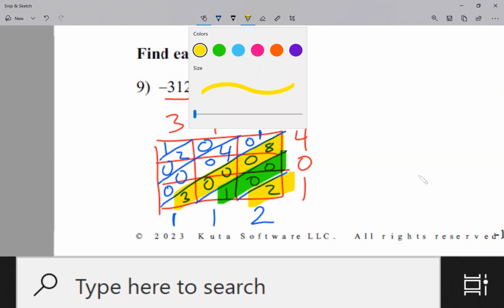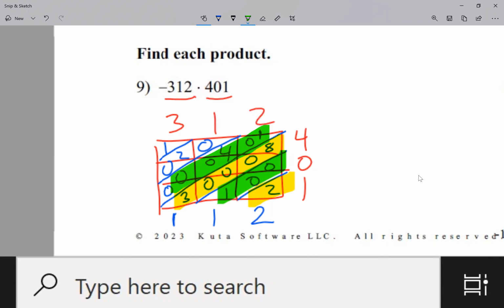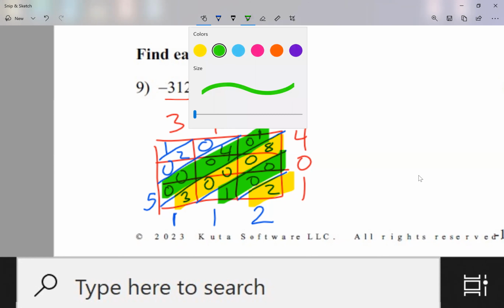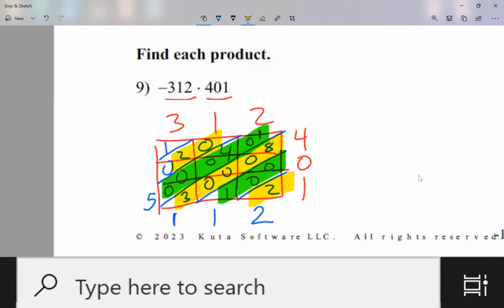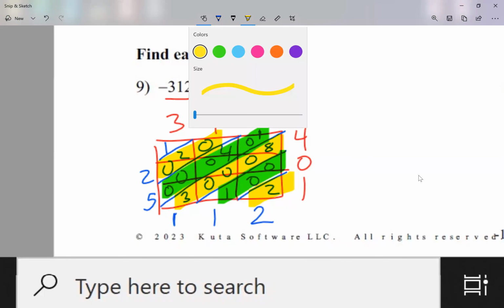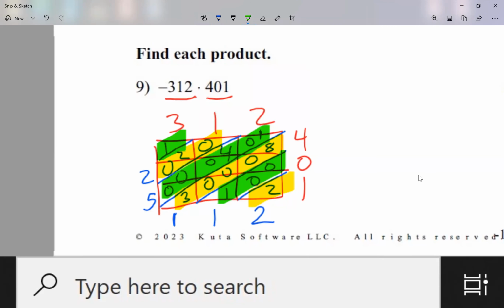Now let me take a look at this row. Ignore the zeros, so I'm just looking at 1 plus 4. I'm gonna call that 5. Then here, I'm gonna ignore the zeros, so I just get a 2. And lastly, here, so I get a 1.